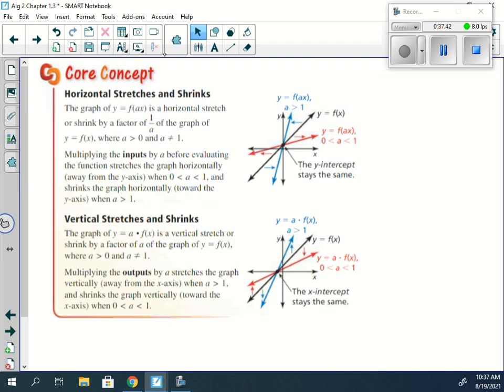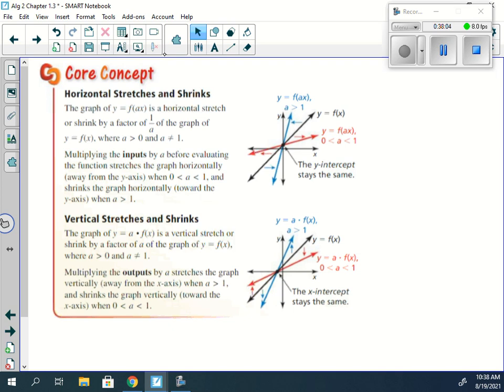Multiplying the inputs by a before evaluating the function stretches the graph horizontally away from the y-axis when a is between 0 and 1, and shrinks the graph horizontally towards the y-axis when a is greater than 1.